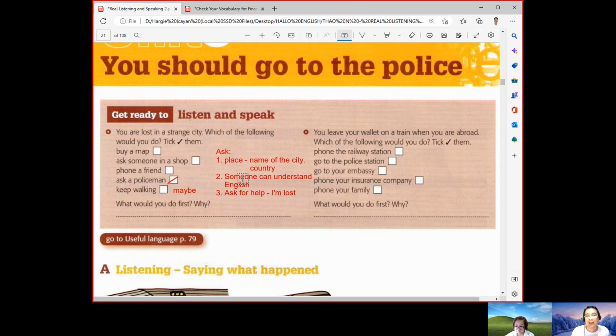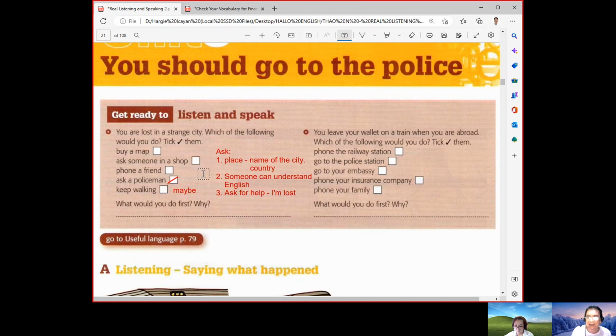So maybe you just have to ask a person that you can trust, for example, a shop owner, or a sales lady or sales clerk in that shop.